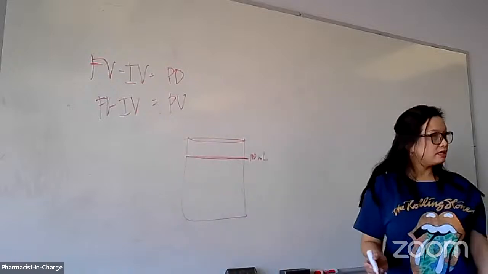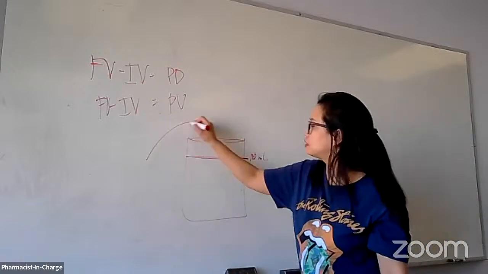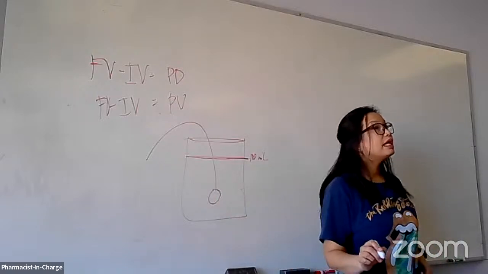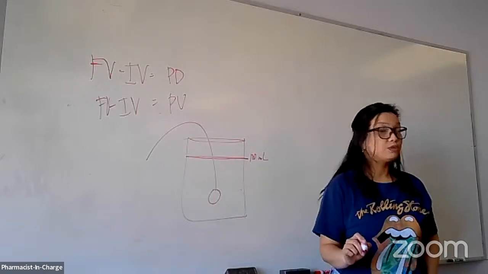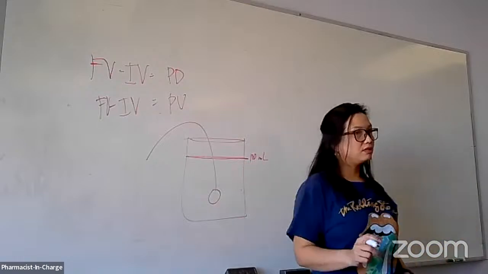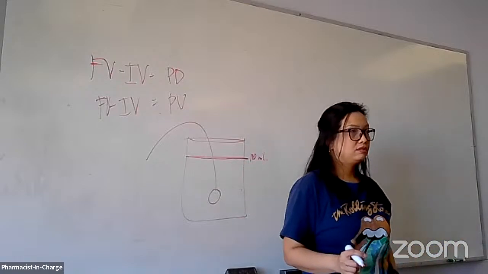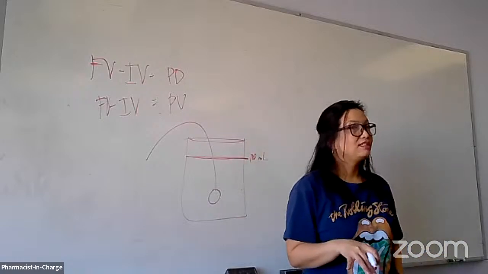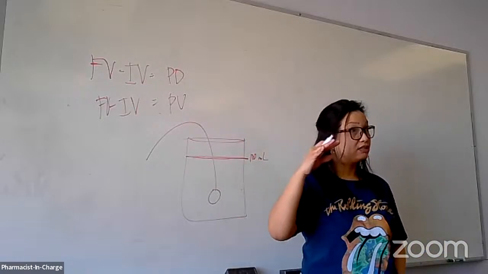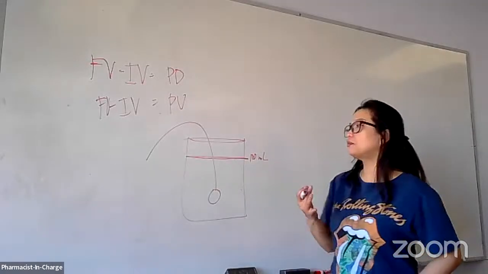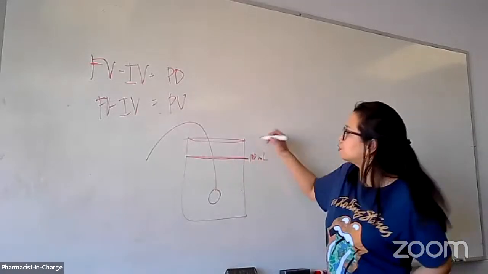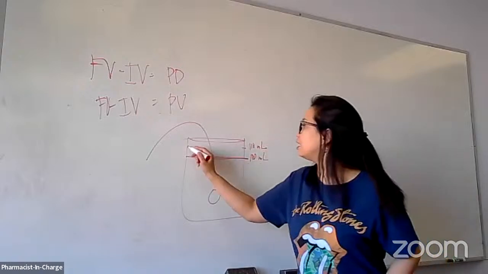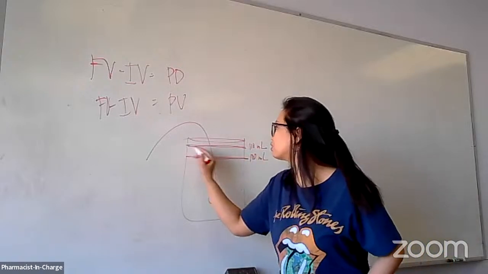Then the teacher dropped a pebble in the beaker with 100 ml water. What do you think happened to the water after the pebble was dropped? It rose. Say, for example, the water rose to the level of 110 ml after the pebble was dropped.